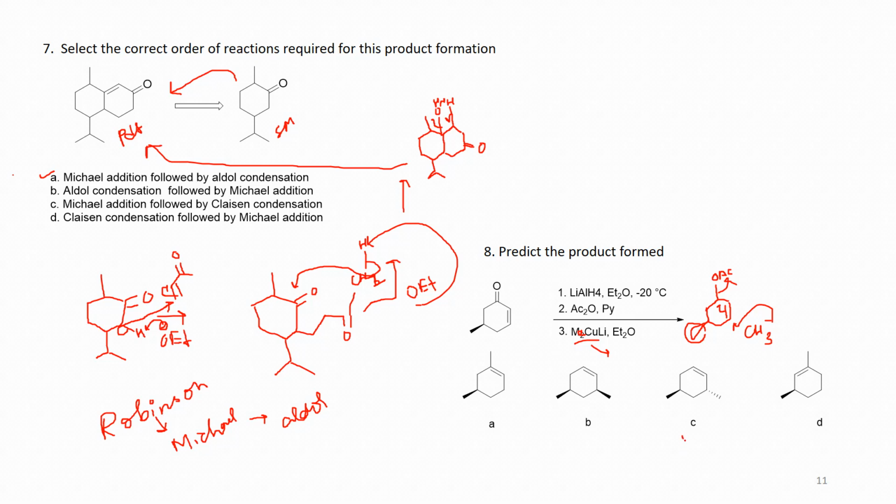The correct option will be option C. Okay, I just got confused with the two questions. So first, lithium aluminum hydride will reduce the carbonyl compound. After that, due to the presence of Ac2O, the OH gets acetylated, and then the Gilman reagent produces CH3 minus.